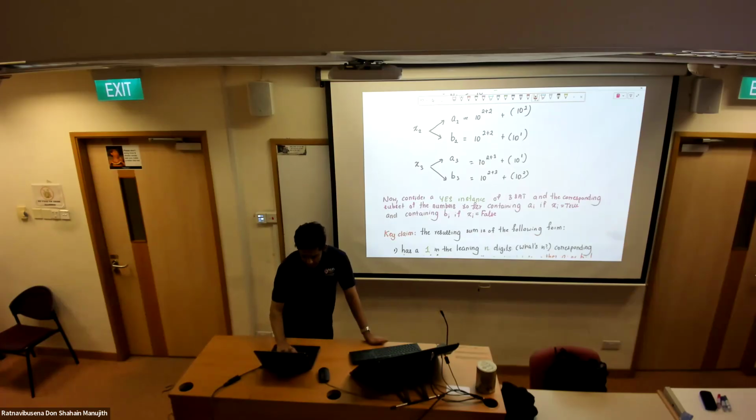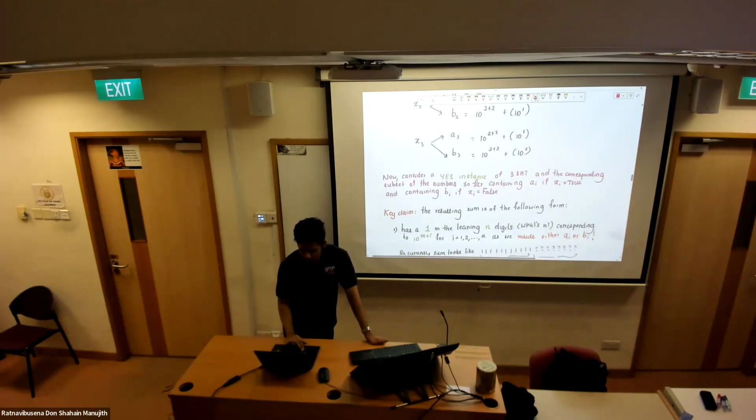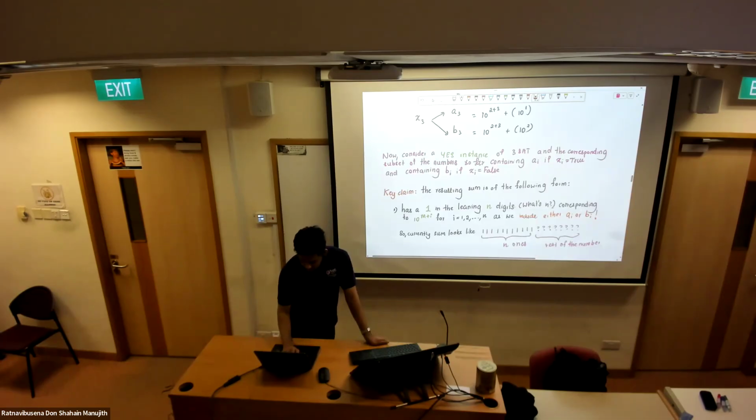For an instance of 3-SAT, you consider the corresponding subset of numbers that I choose. For example, if I set xi equals true, I choose ai, and if xi equals false, I choose bi. Now consider those numbers. The first claim is that it has a 1 in the leading n digits.